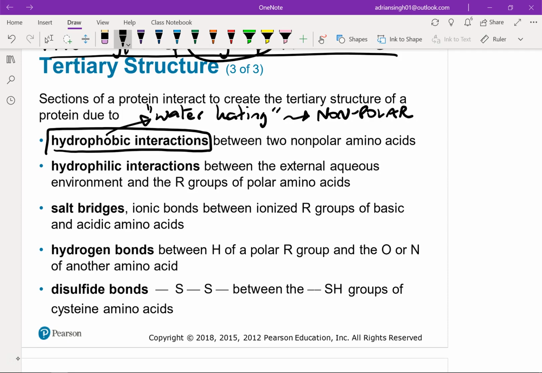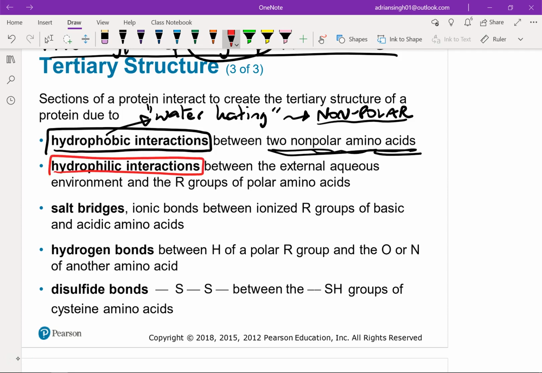So these amino acids would be non-polar, which means they're not polar, the opposite of polar. If something is non-polar, it's not going to like water. So these hydrophobic interactions are going to occur between non-polar amino acids. You have the opposite of that, known as hydrophilic interactions.